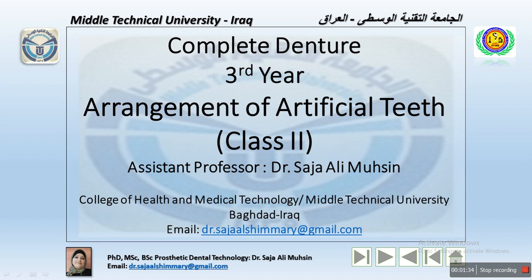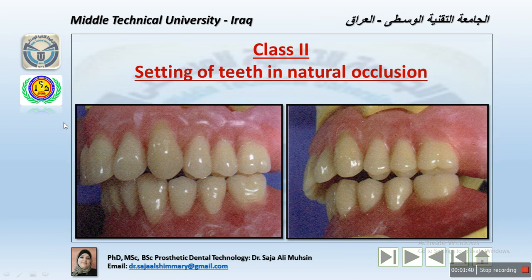Now, with the setting of teeth in natural occlusion with class 2, this is the posterior relationship of the mandible to the maxilla. And with natural teeth, the mesio-buccal cusp of the first upper permanent molar occludes mesial to the mesio-buccal groove of the lower first permanent molar.